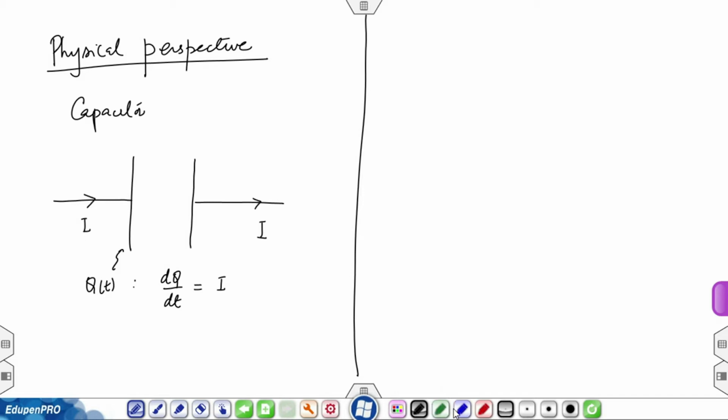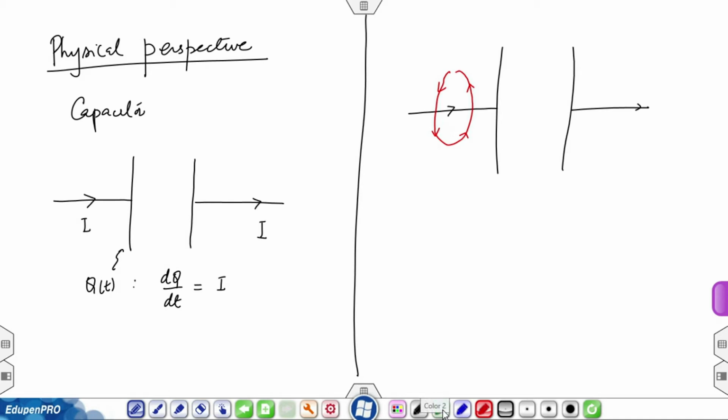And what we do now is take a loop for the magnetic field. There is a current coming in, and I will take a loop here in which the magnetic field exists, and here is the direction of the loop.